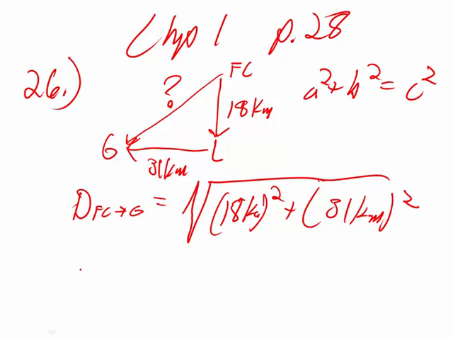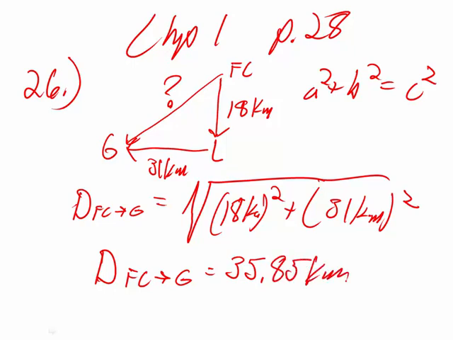You should get something like 35.85. So the distance from Fort Collins to Greeley is 35.85 kilometers, or you could just say 36 kilometers. You could round it. And really, using our sig fig rules, it should be two significant figures. Use the sig fig rules.